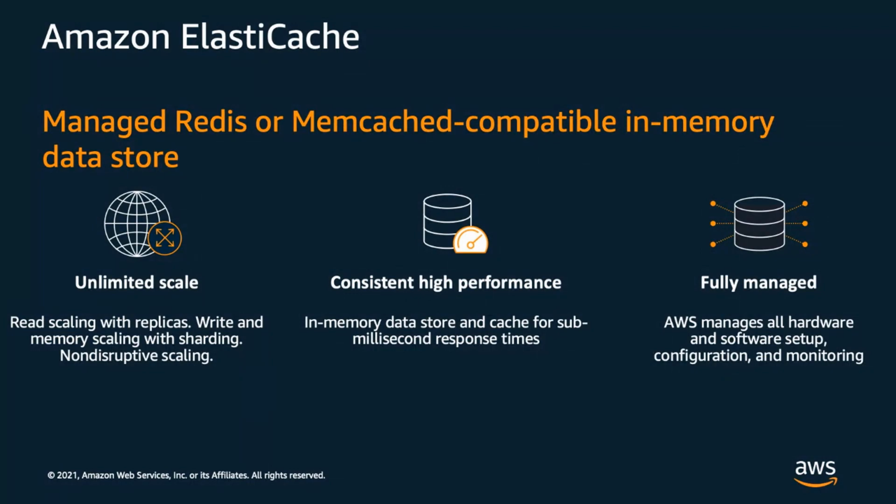Now, Amazon ElastiCache, that's going to offer us fully managed Redis and Memcached. That means that you can seamlessly deploy, run, and scale these popular open source compatible in-memory data stores. Amazon ElastiCache for Redis, which is what we're going to be focusing on today, is a blazing fast in-memory data store that's going to give you that sub-millisecond latency to power those internet scale real-time applications.